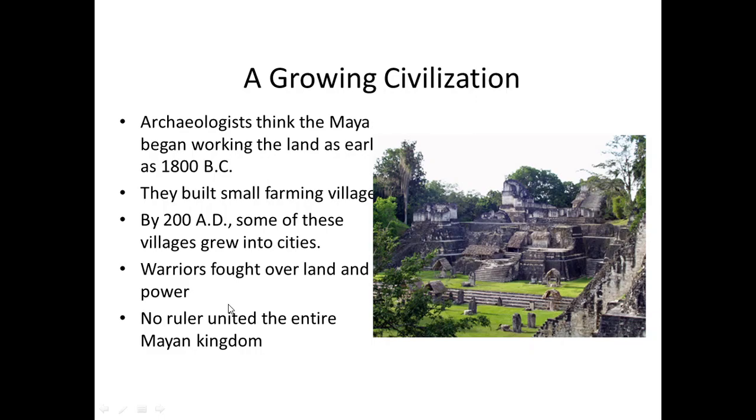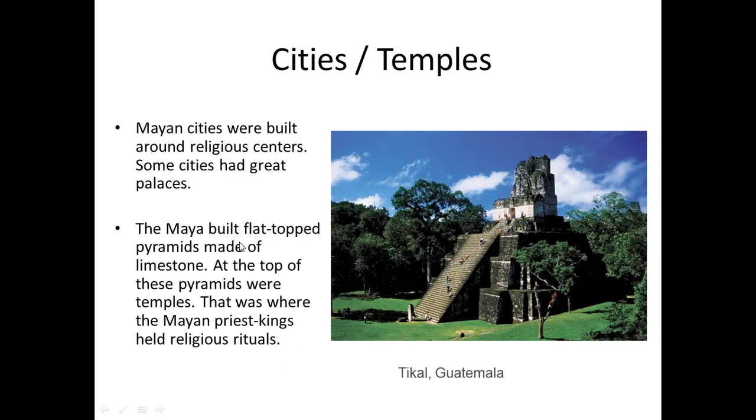So from small villages, nagkaroon sila ng alliance, then naging city. Warriors fought over the land and power, and no ruler united the entire Mayan kingdom. Mayan cities were built around religious centers, and some cities had great palaces.